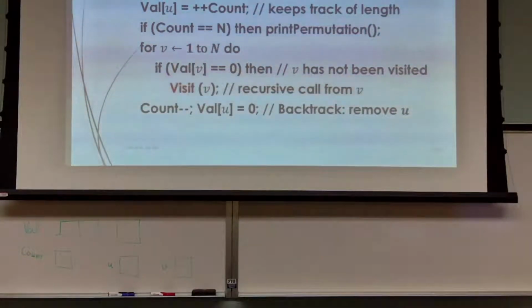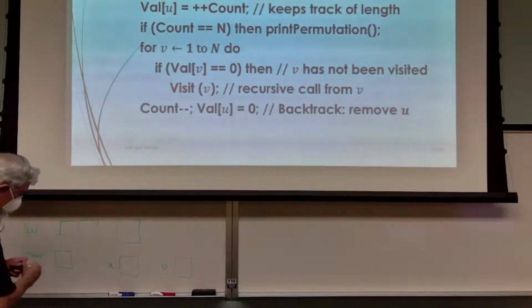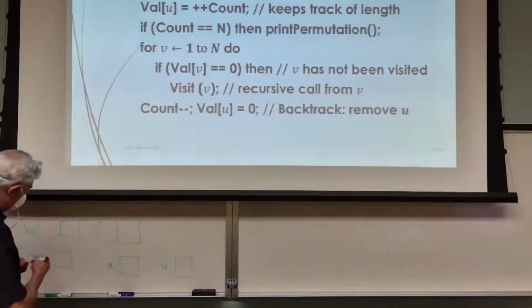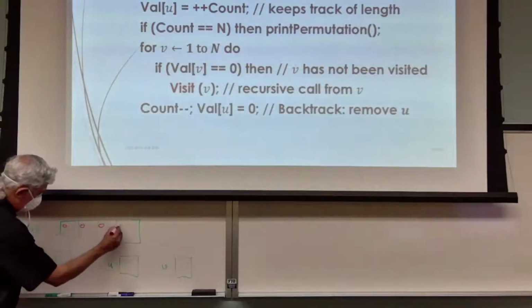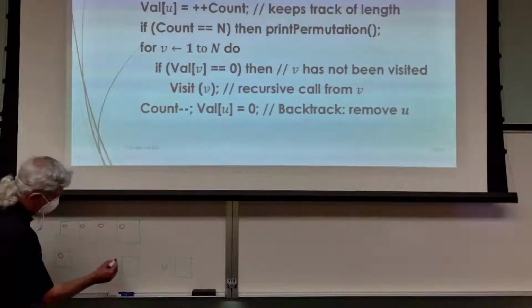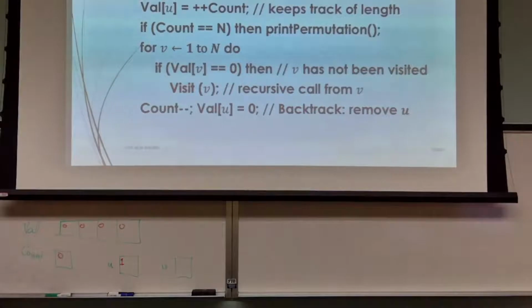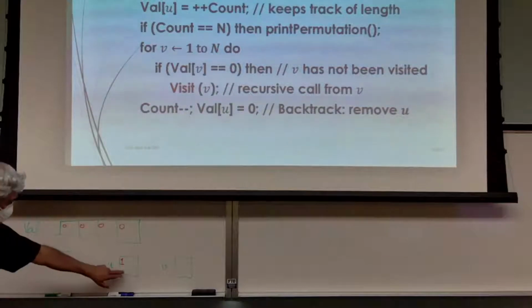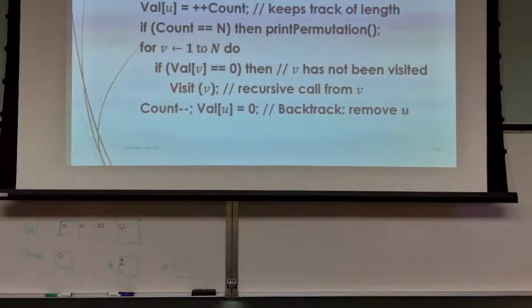Now, to start with, we're going to assume that everything in this array is a 0. And we're going to assume that count also is initialized to 0, and that the first time you call this function, you're going to call it with u equals 1. Okay? So you get into this function, and the first thing it does is it puts in location u the current value of count incremented by 1.